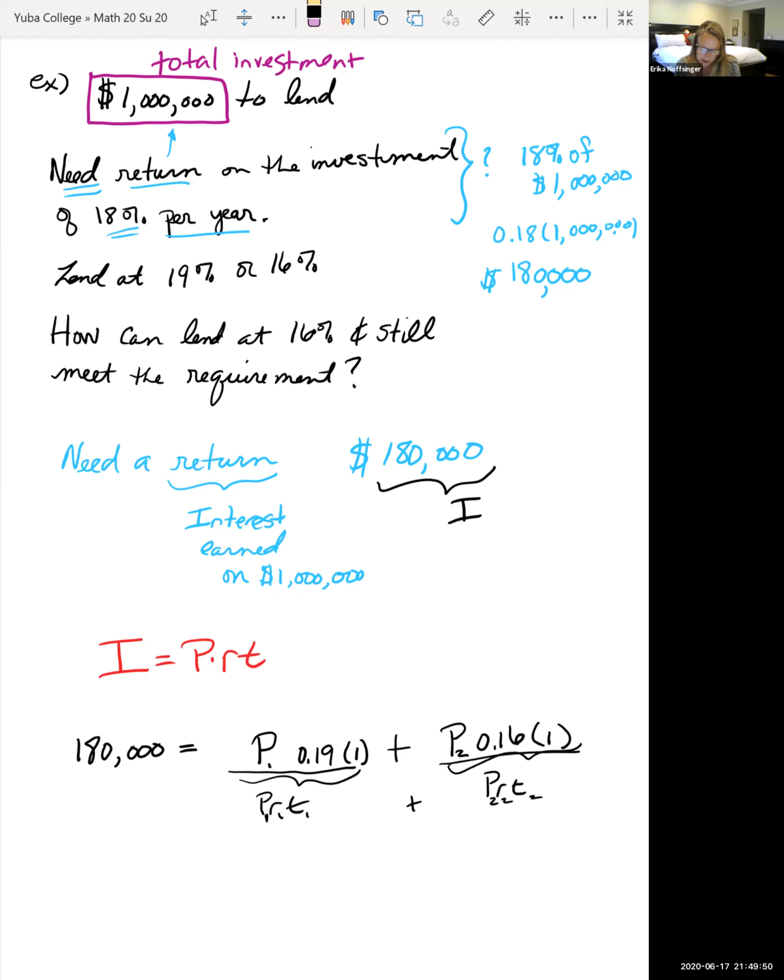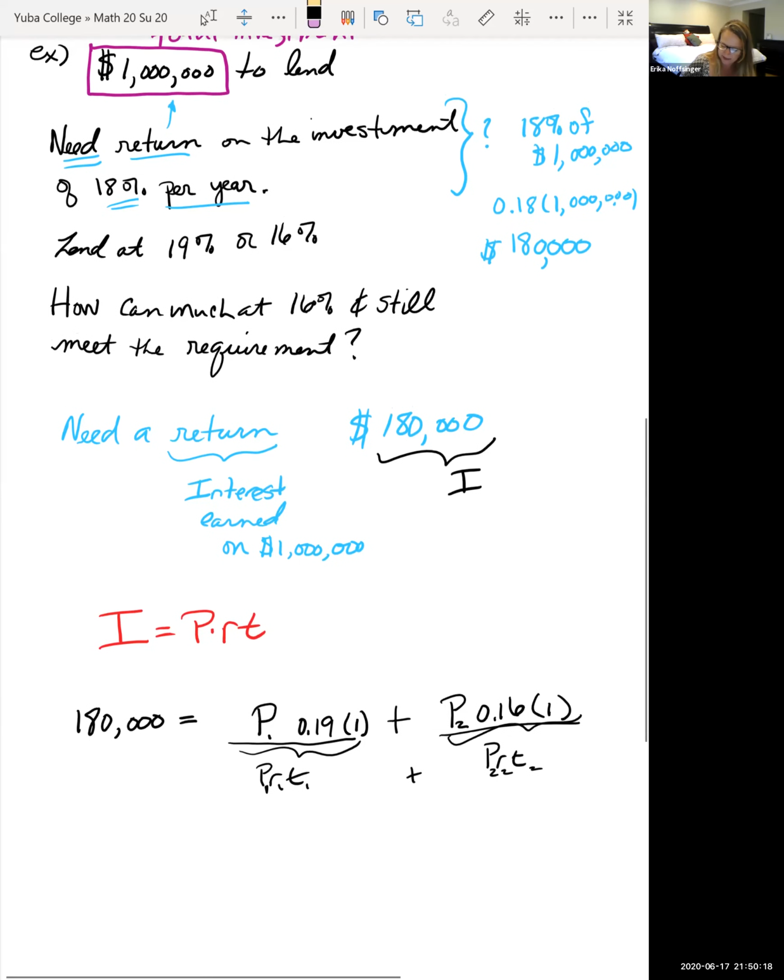What about X to be the amount from one of those accounts? Since our question is how much can be lent, let X equal that amount.